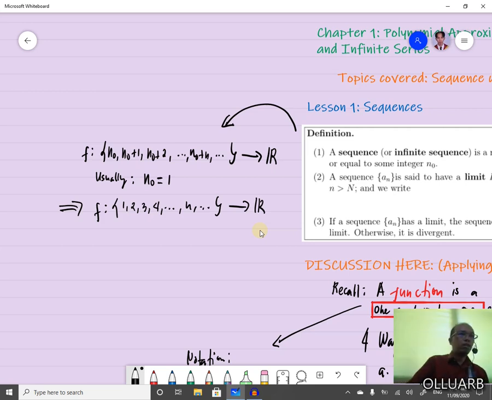If n naught is equal to 0, then it will start from 0, 1, 2, 3 up to n. Or if it will start from 5, then we have 5, 6, 7, 8 up to n, and so on up to infinity.